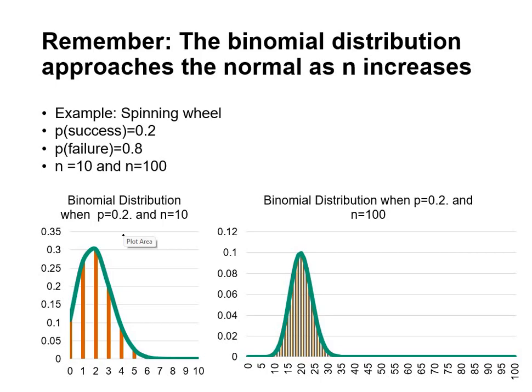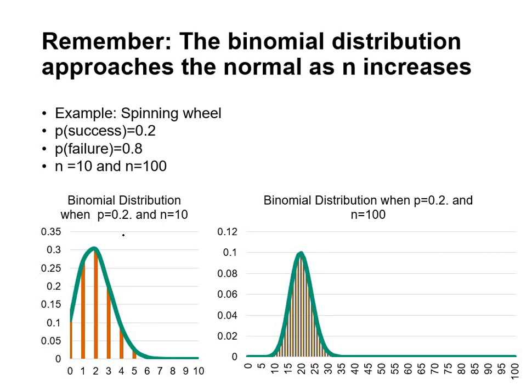One is the distribution if you spin the wheel always 10 times. It doesn't look very normal, right? Here to the right, you see the binomial distribution when n is equal to 100, based on a sample size of 100, and it looks much more normal.